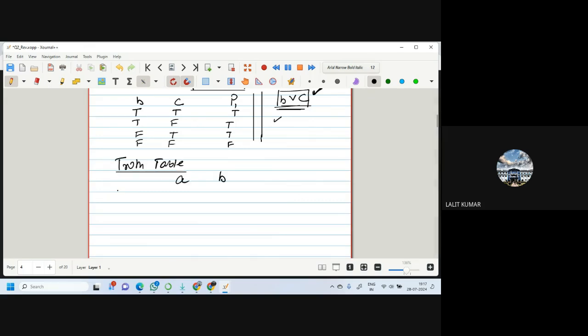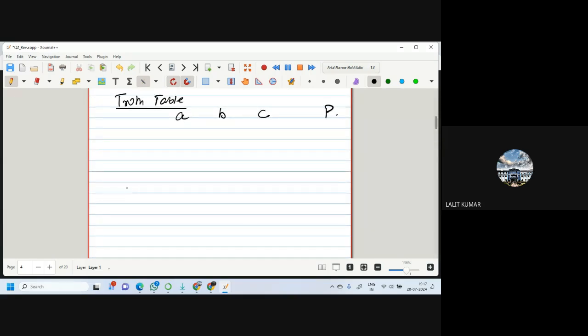You do A, B, C, and P. And here you will have 8 rows. And this will be false, true, true, true, false, false, false, true, false, false, false, true, and false, false, false.